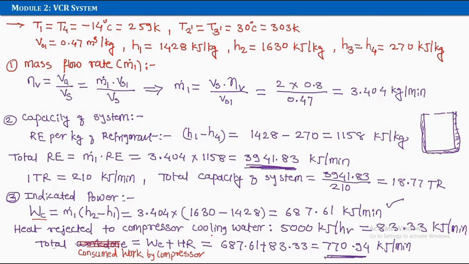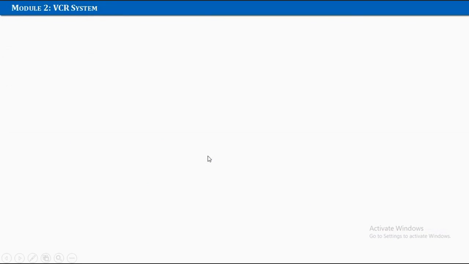The cooling water used to cool the compressor absorbs some heat from it. So the total work consumed by the compressor is equal to the work of the compressor to compress the refrigerant plus the heat rejected to the cooling water, which is 770.94 kilojoule per minute.